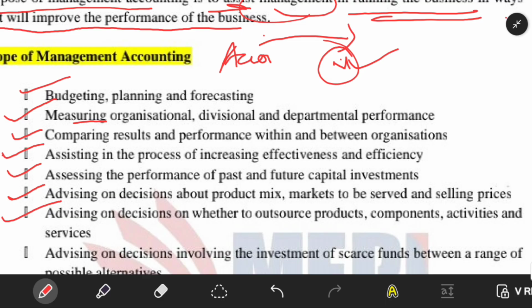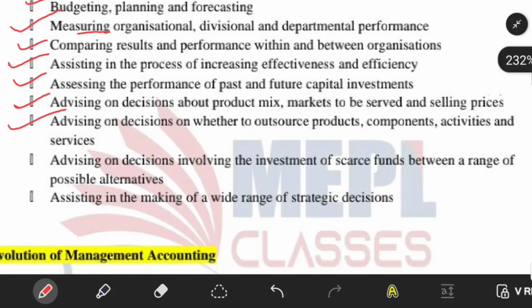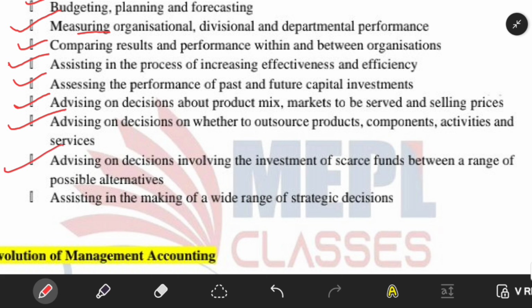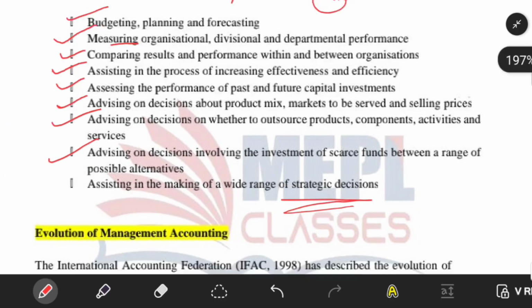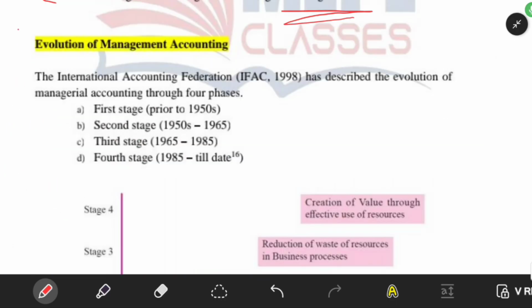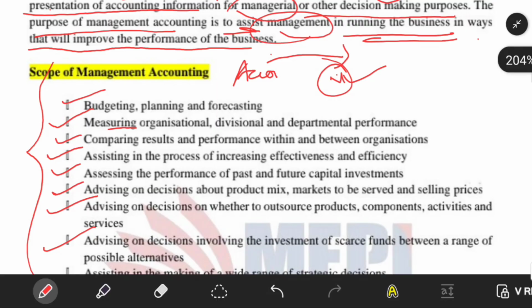Next, it helps in capital budgeting decisions, that is, whether the company has to invest money or to choose between different alternatives. Next, it supports strategic decision making, including long term planning and also business policy decisions. Just read the scope of management accounting, don't learn it by heart.